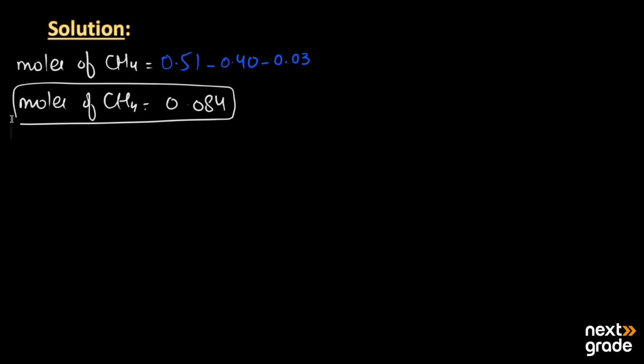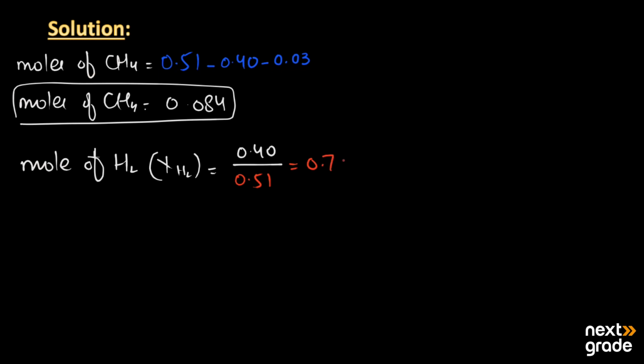Then we calculate the mole fraction of these gases. So how can we calculate the mole fraction? The mole fraction of hydrogen, XH2, is equal to the moles of hydrogen, 0.40, over the total moles, 0.51. It is equal to 0.784. Then we have the mole fraction of helium, XHe.